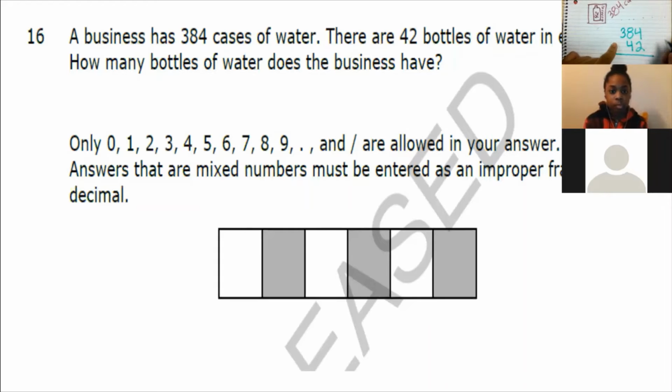Remember when I am multiplying by using partial products, I'm really multiplying by the place value. So here I'm really multiplying 384 times 40 plus 2. And that's what I wrote on the side. And I like to write it on the side to remind myself.